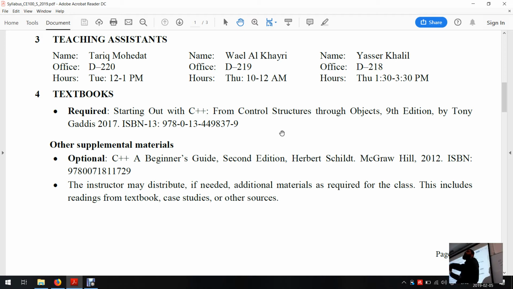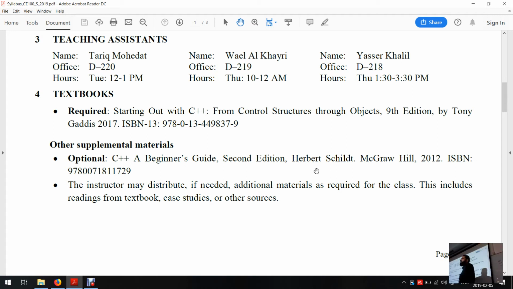But if you want to learn more information, then I suggest this optional textbook. Herbert Schildt's books are very simple, and he has been writing books for maybe 30 years now. And actually this is the book I studied C++ from 20 years ago. So if you would like to get other books, sometimes you can find them online also, and you can use this book.